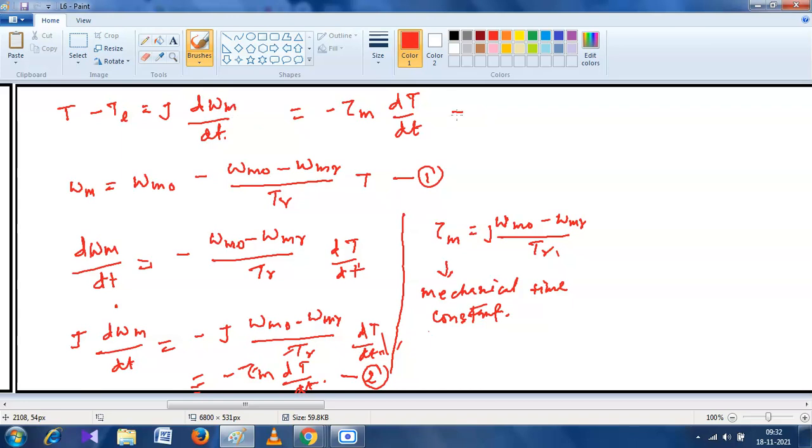Then after rearranging this equation, we get tau m dT by dt plus T is equal to TL. Did you understand?